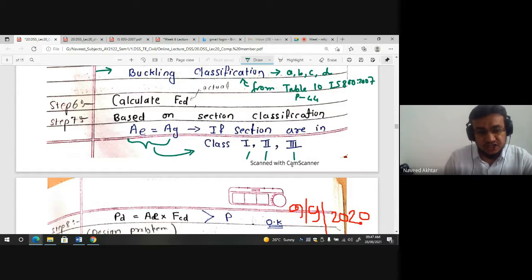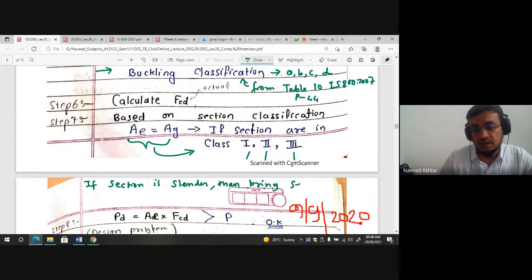If your section is slender, then you have to bring the section at least in class 3, that is semi-compact.